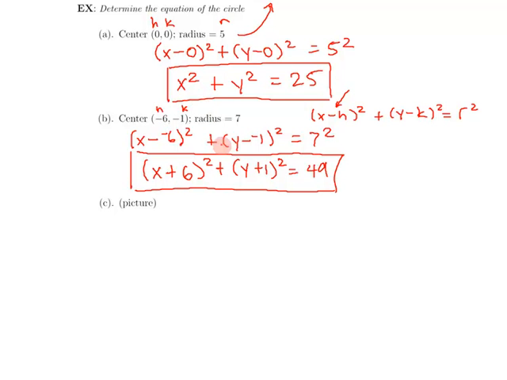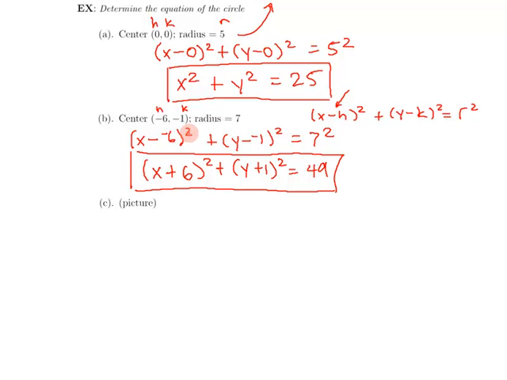Similarly, you can look at what's between the y and the 1 and see the same thing, that this is a positive, whereas this is negative. So whenever you have a center that has negatives in there, you're going to have pluses between there, and vice versa. Whenever you have pluses here, the h and k values are negative.